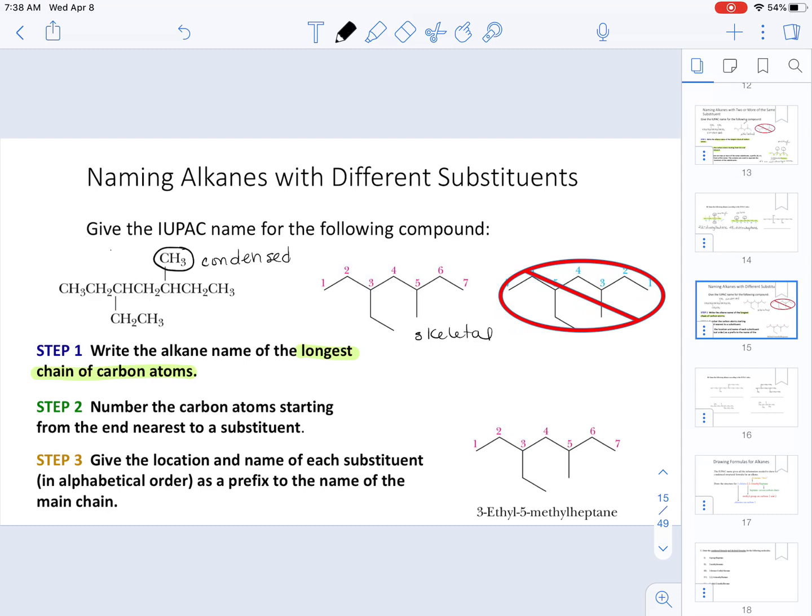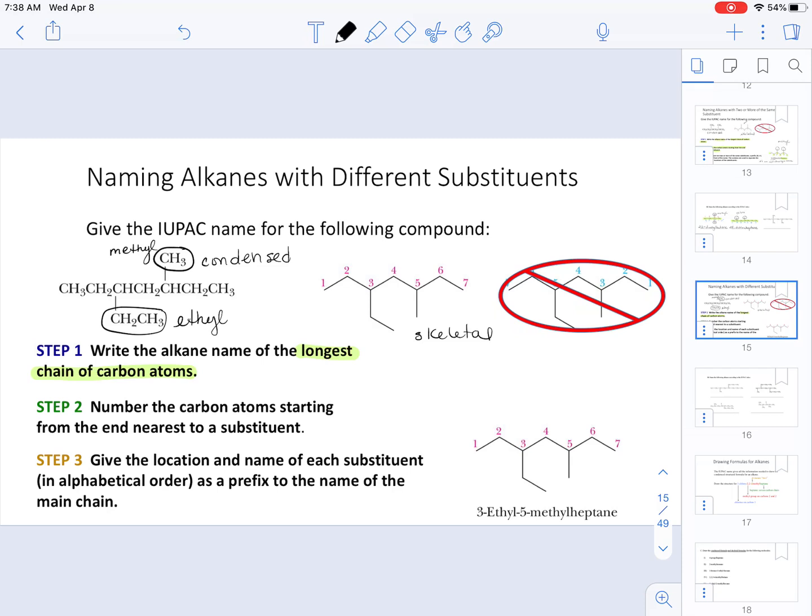The one on the top is called a methyl group. The one on the bottom is called an ethyl group. Both arrangements give the positions for those substituents as either carbon 3 or carbon 5.